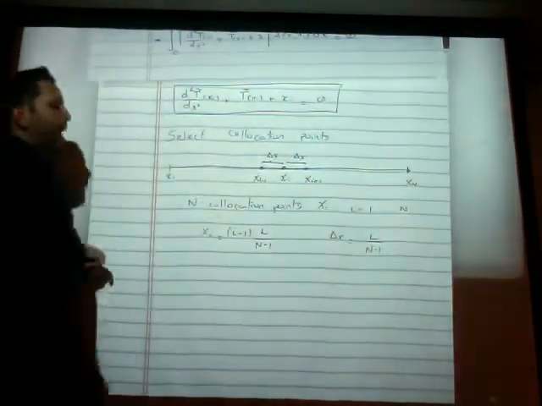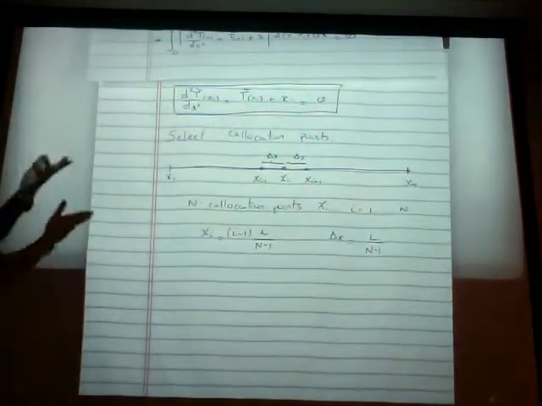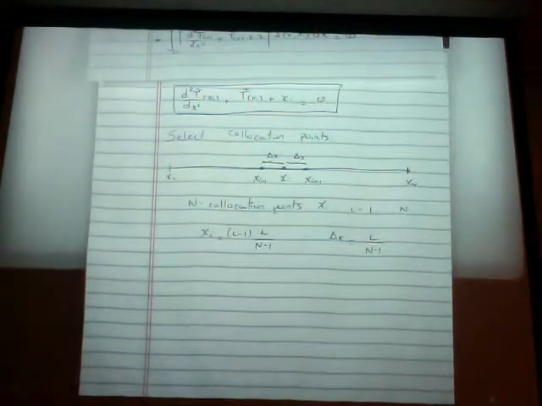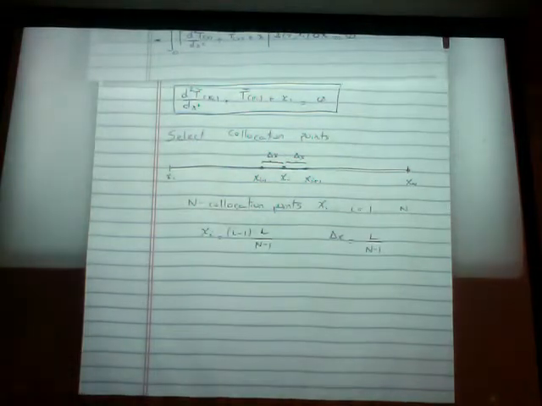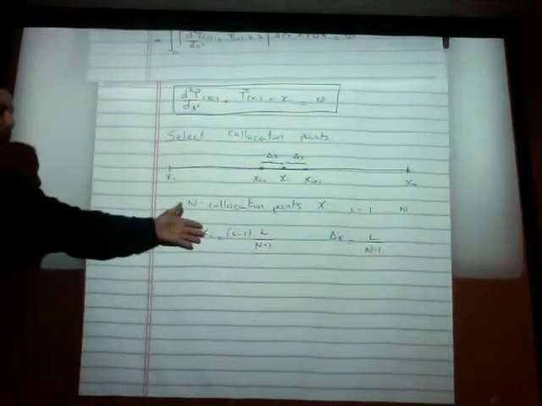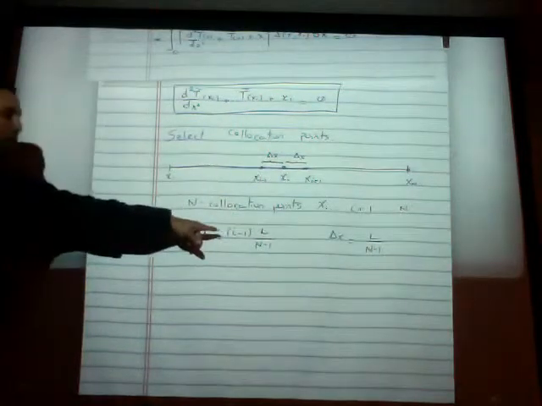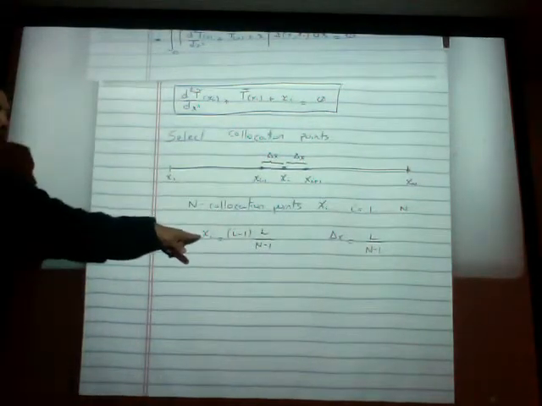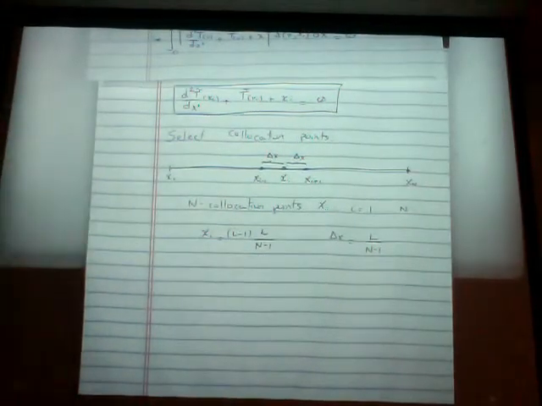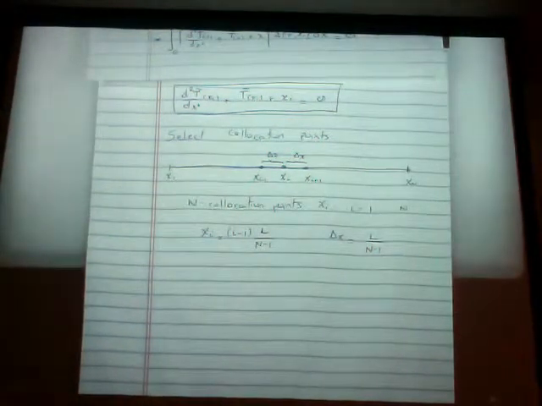If we take the number of points minus 1, we have n minus 1 segments. Each grid spacing is just L over n minus 1. So this is part of the algorithm that we're going to use. When i is equal to 1, x is equal to 0. When i is equal to n, x is equal to L. Pretty straightforward. We'll do it on MathCAD.